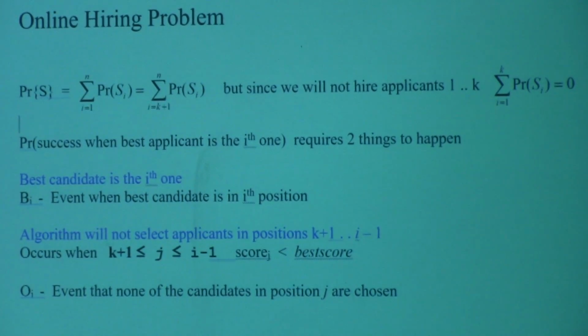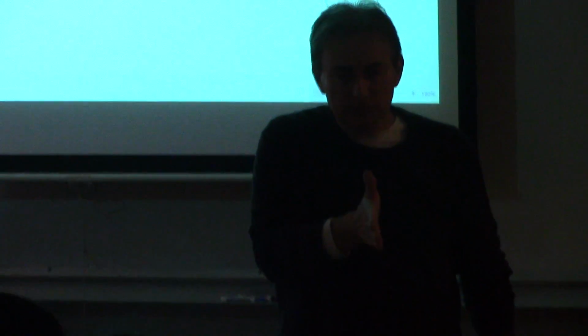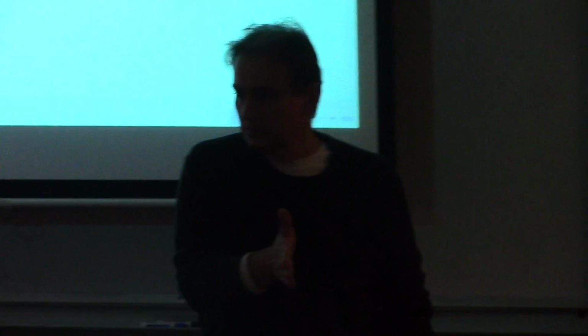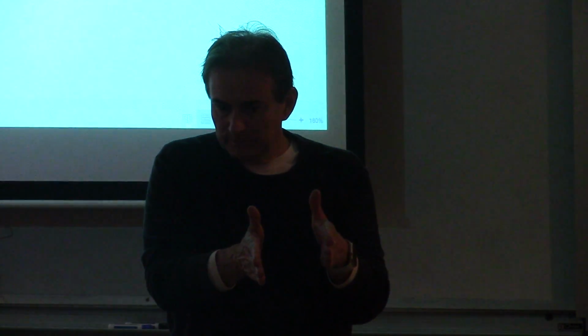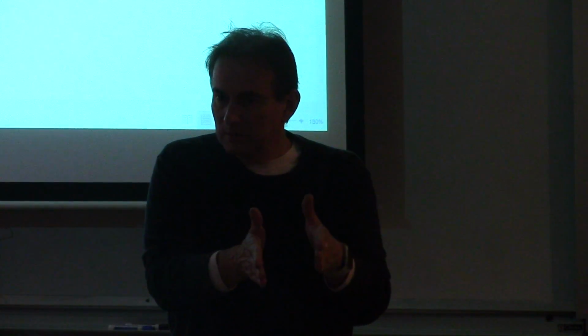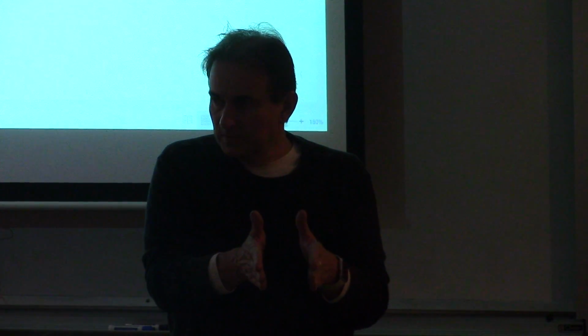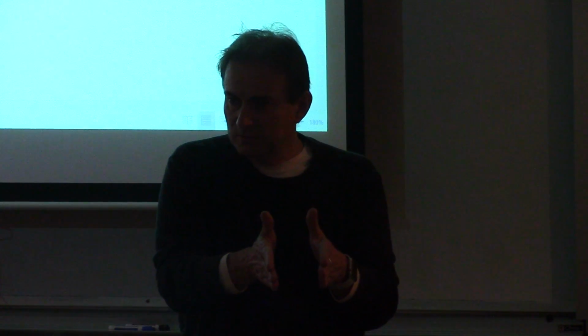Does that make sense? So let's break it down again. So we have 1 to k. And now after k, we start with k plus 1. So k plus 1 is the first person we might hire. Suppose i is out here, and let's say i is the best person. So in order to hire this best person, what has to be true?